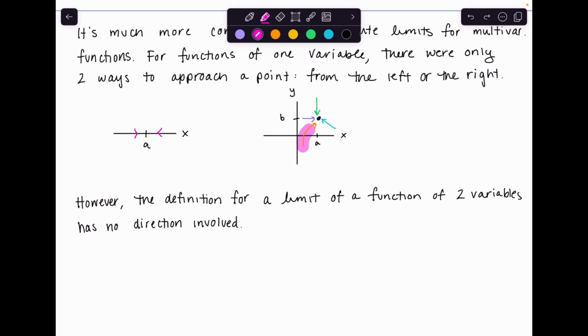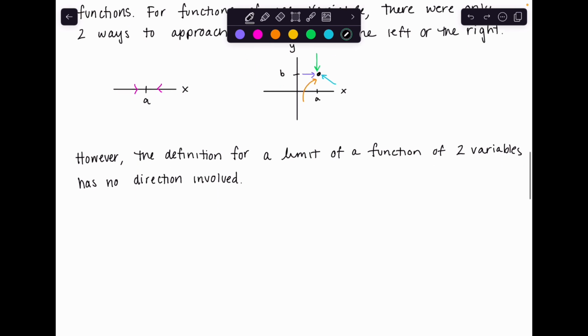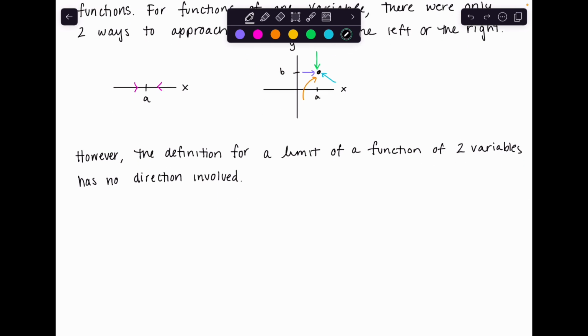If I come in from one direction and then a different one, and they're doing different things, the limit does not exist either. So if I can find two paths that give me differing limits, I'm golden. The limit does not exist. So that's at least one bright side.